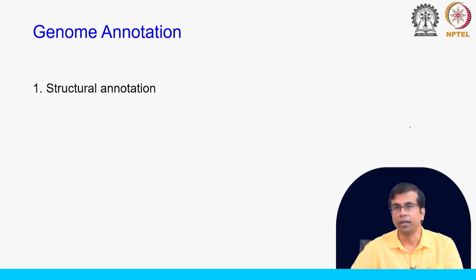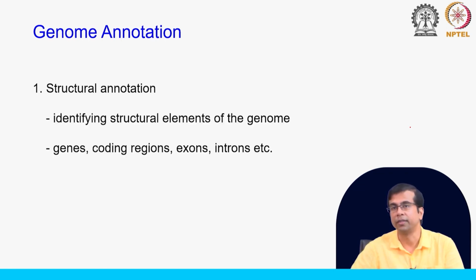So the first is structural annotation. Okay, so this is about identifying structural elements of the genome, for example, genes, coding regions, exons, or introns. And this you can do through something called gene prediction. You can of course check closely related species or organisms and see whether there are some sequences that resemble genes from those closely related species.